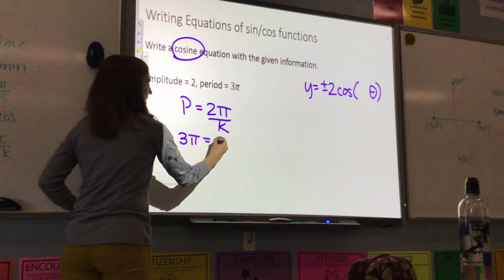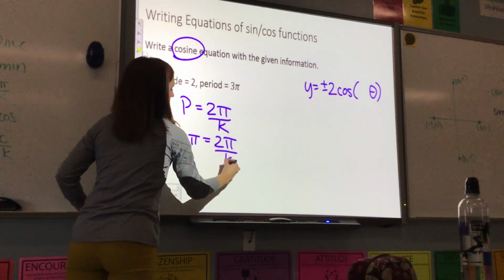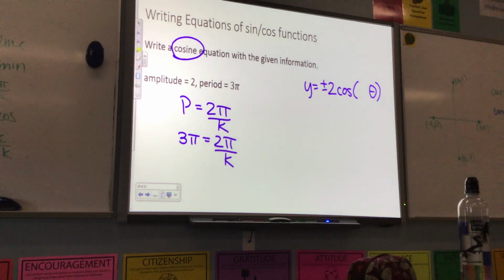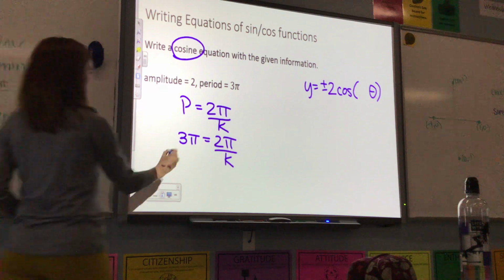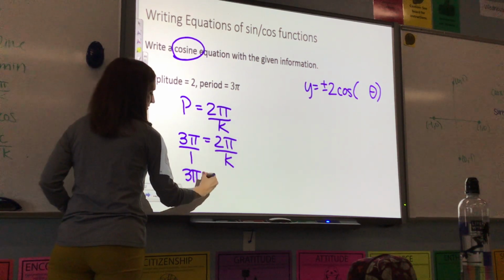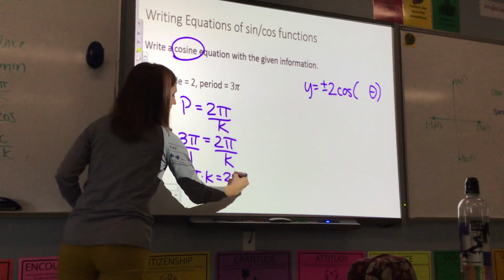This one is not as obvious about what it is. How do I solve a problem like that? Put that 3 pi over 1 and just cross multiply it. You're going to have 3 pi times K equals 2 pi.